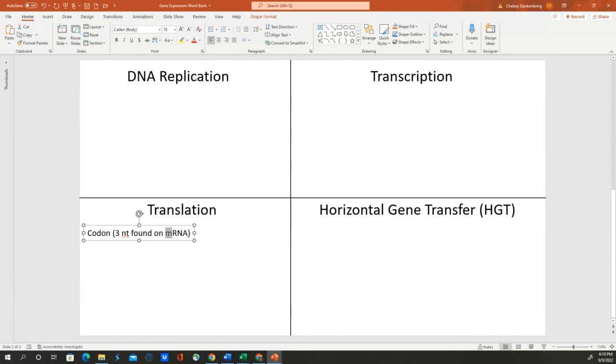Excellent job. All right, working our way down the list, DNA polymerase 3, where does that go? Yeah, good job. So DNA polymerase 3, and I don't have all of the key players on here.